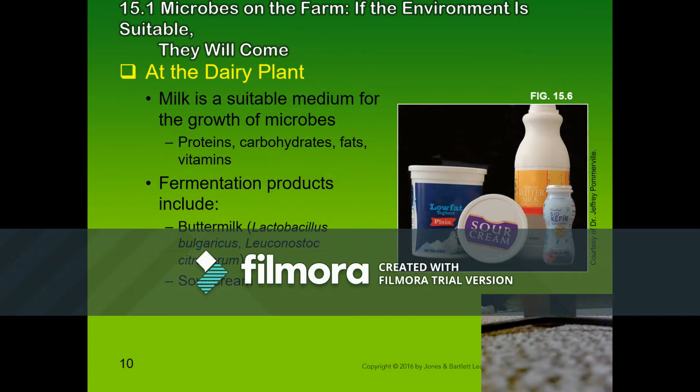You can make sour cream and yogurt with Lactobacillus and also Streptococcus thermophilus. Streptococcus thermophilus is an interesting bacterium because, just like the name implies, thermophilus means it likes to grow at high temperature. So that's how you're getting a lot of the production of the yogurt, by elevating the temperature, and the bacteria are allowed to grow quite well when the temperature is raised.